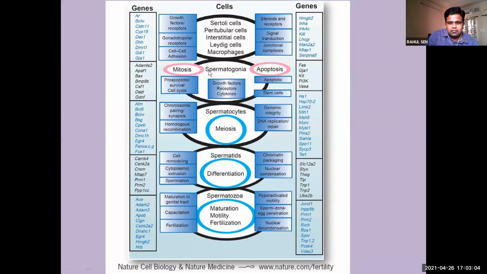Just look at the picture and imagine the number of genes involved in this process. At each and every step, many genes are responsible for proper functioning and getting good quality spermatozoa out of that.